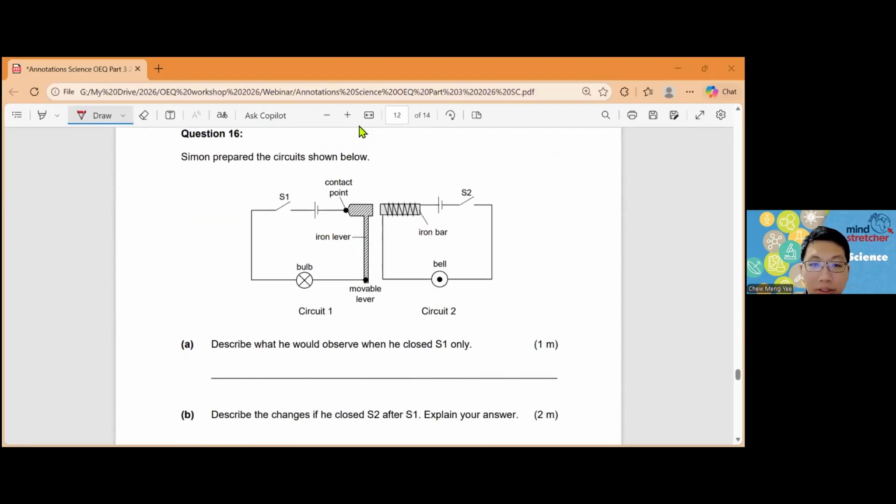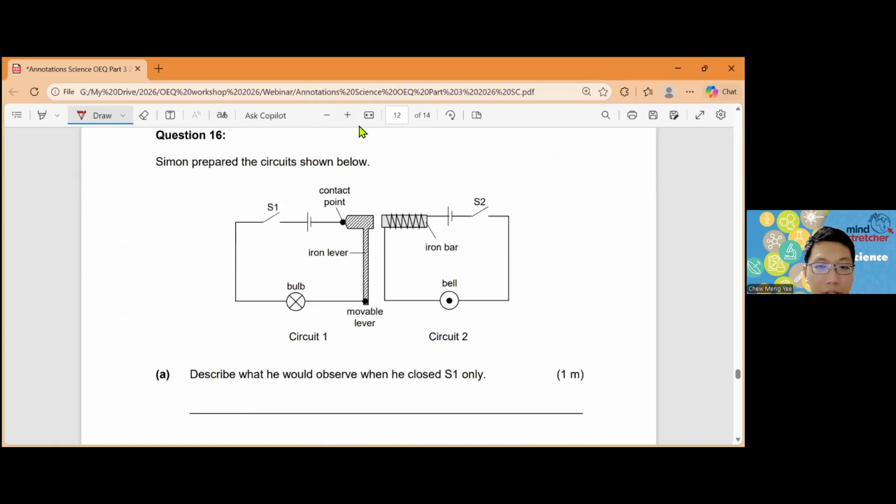Now, question 16. Let's analyze this setup carefully. Now, we have two circuits and they are side by side. So what we have here, circuit 1, and they say that he closed S1. S1 is the switch here.